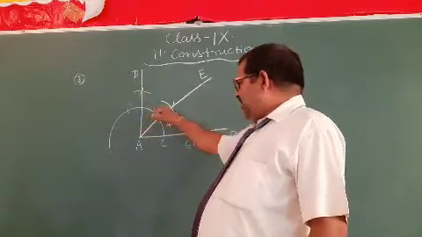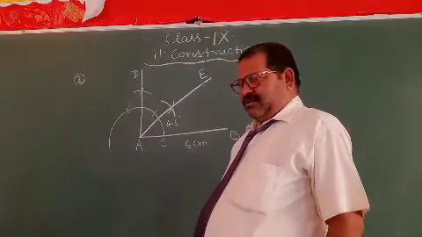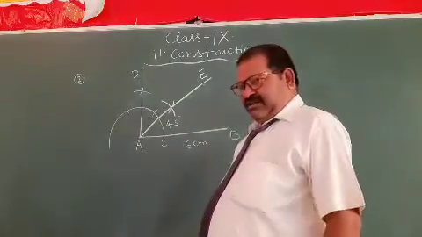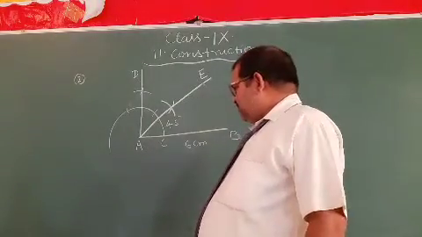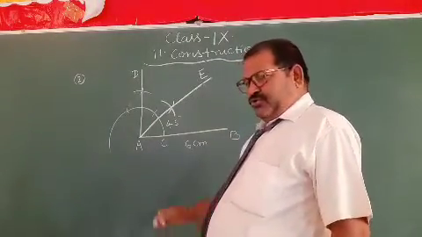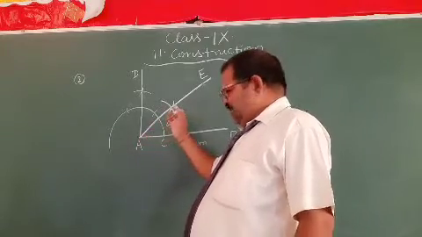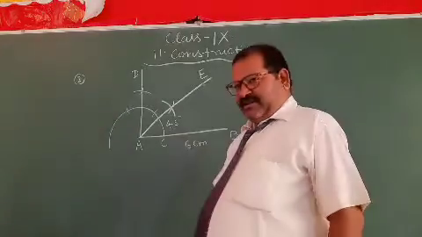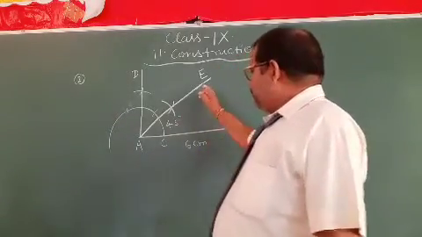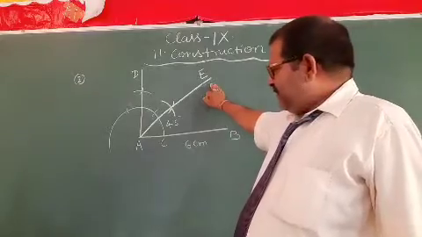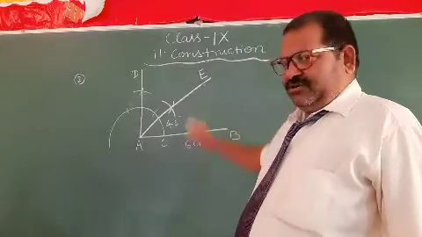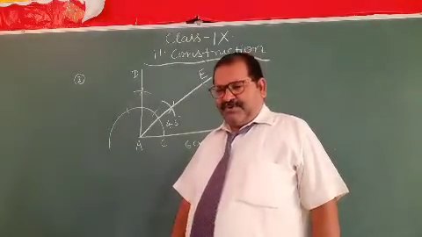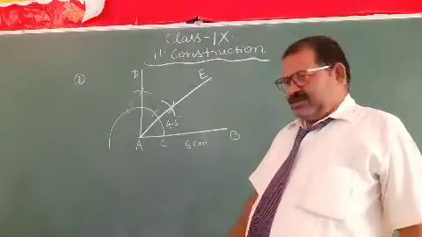Then we draw the arc and they intersect each other. Join the intersection point to the point A and produce to E. Therefore, the required angle of 45 degree is formed.